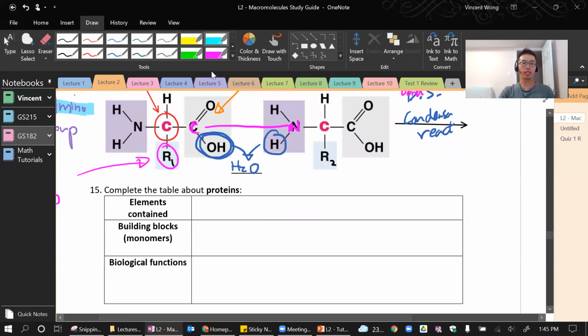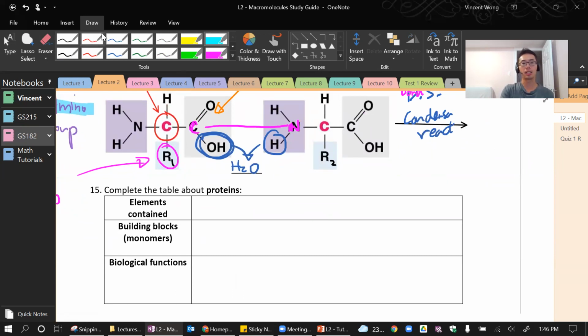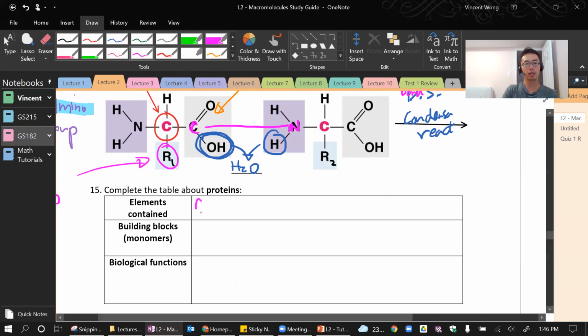Complete the table about proteins. Elements contained in proteins: we have carbon, hydrogen, oxygen, nitrogen, right? Plus traces of sulfur.